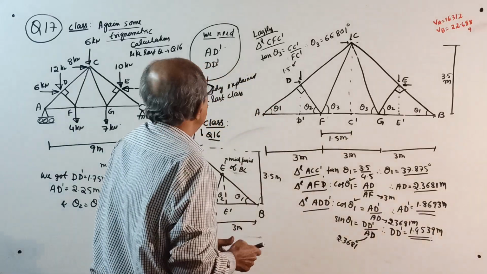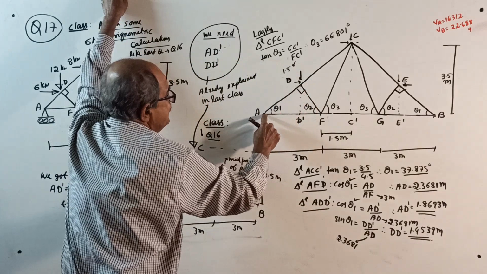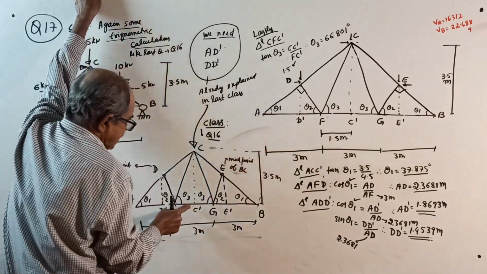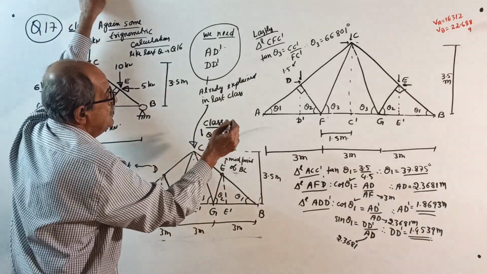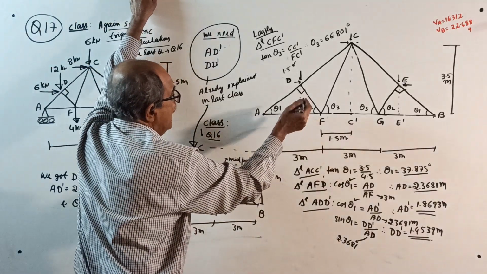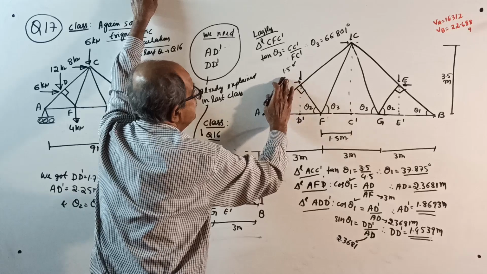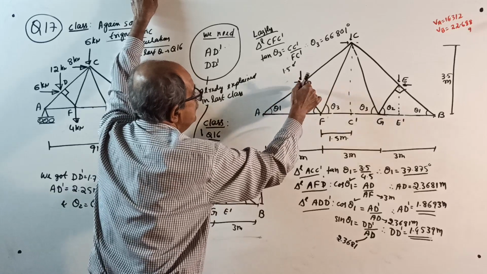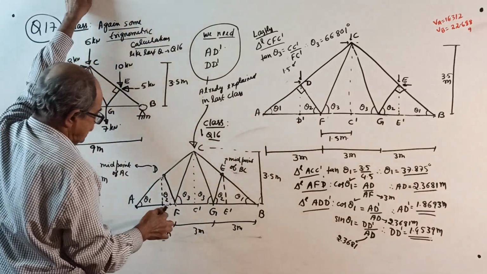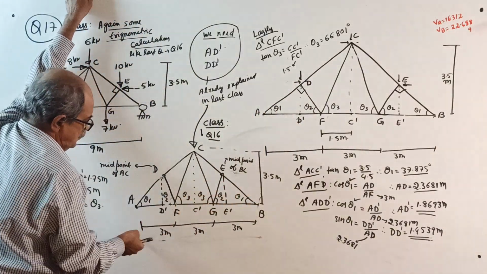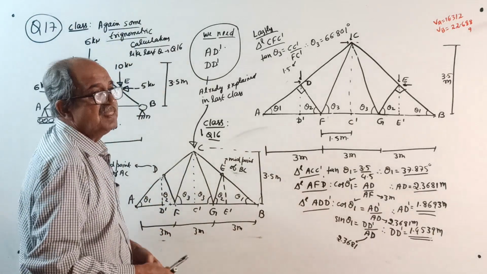So to find reactions, we need AD dash, from A to D dash and D dash to D. This is point D. You require DD dash and AD dash. Last time also the same thing: to take moment about any point, you require AD dash and DD dash.